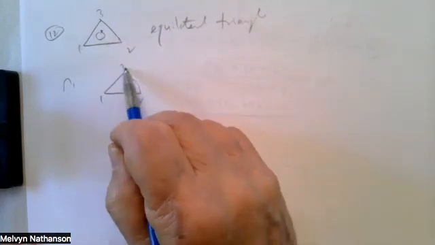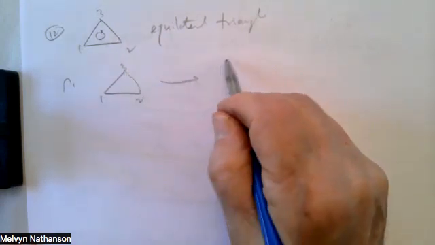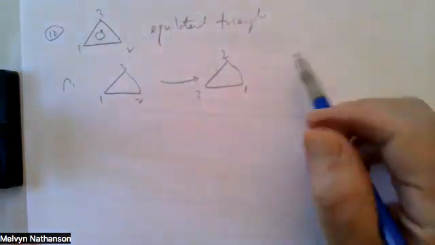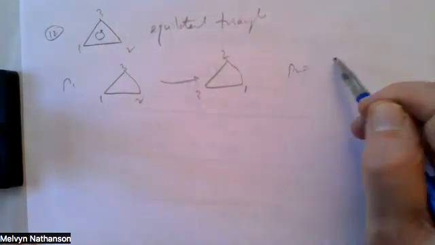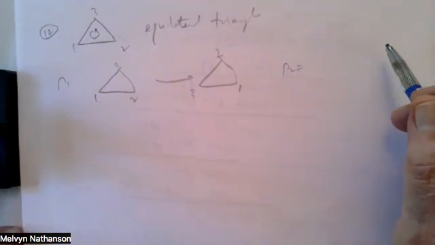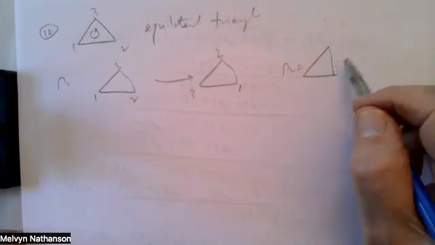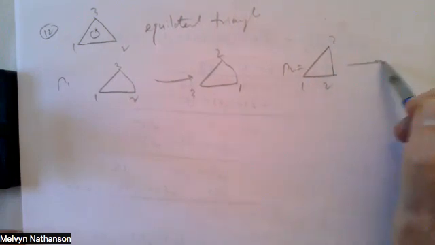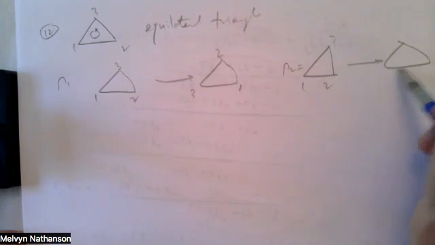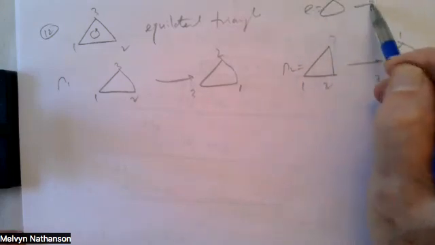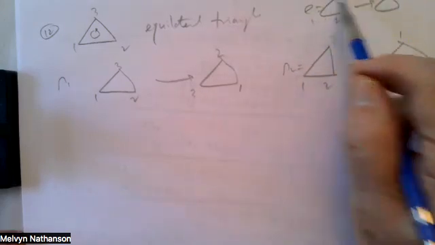So 1, 2, 3 gets rotated to 2, 3, 1. R2 is a rotation around the center by 4 pi over 3 radians. So 1, 2, 3 gets sent to 3, 1, 2. And E is the identity, 1, 2, 3, in that same order gets sent to 1, 2, 3.